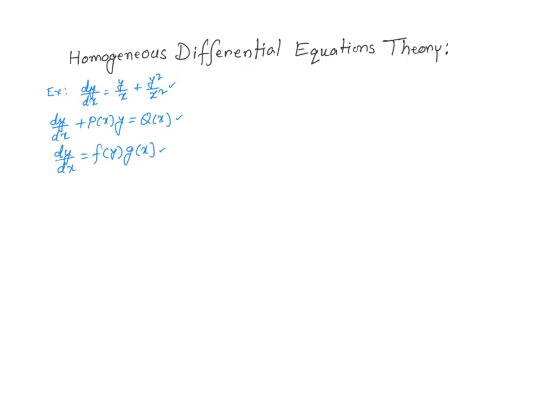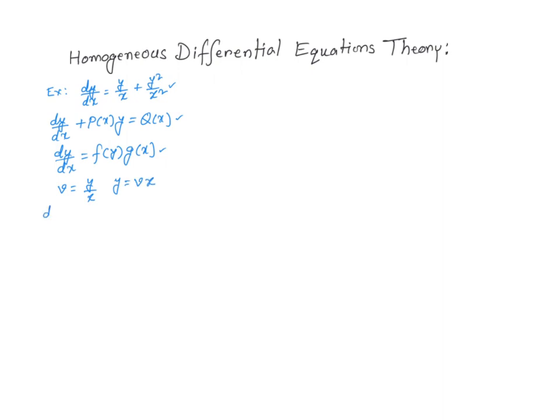As it turns out, there is a way to do it if you do a substitution. So let's go ahead and make a substitution. Let's say v is equal to y over x. Then my y becomes v times x.